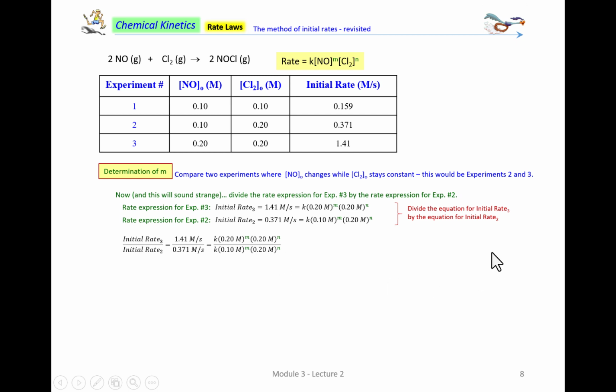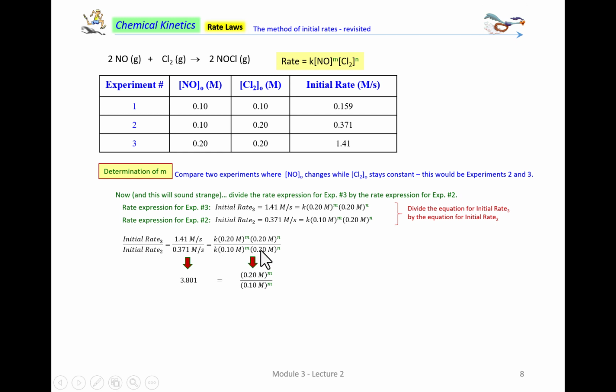This may look difficult, but it simplifies quite quickly. For example, the units here, molar per second, are on top of each other, so they cancel out. So all you're left with here is 1.41 divided by 0.371, which is 3.801 with no units. k cancels out, so we've gotten rid of that.